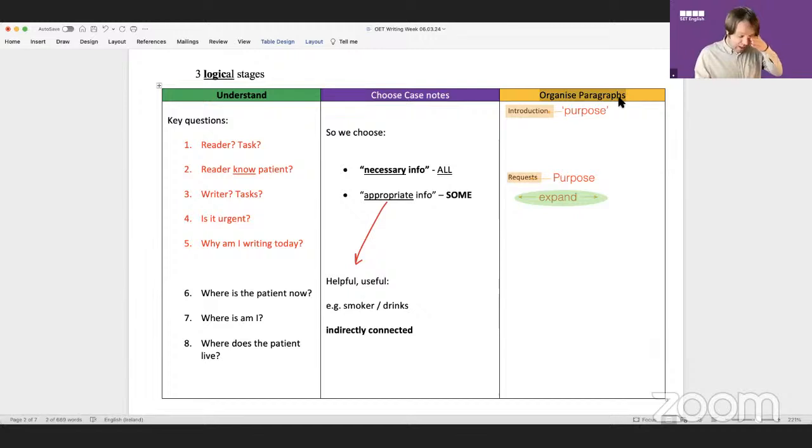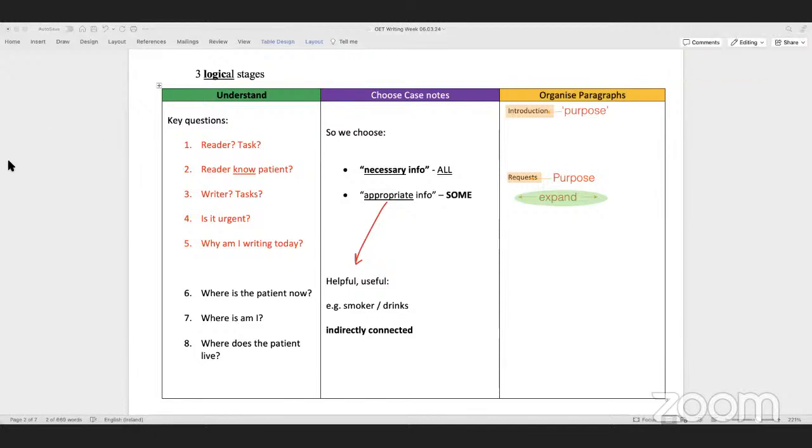Just quickly though, to remind you, because this is really important, can I speak to Maria, if it's okay, or Irina? Yes, good morning. What do OET mean by the word relevant? This is why I'm asking, right?